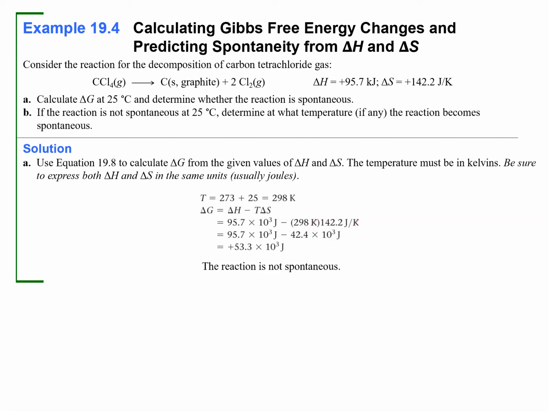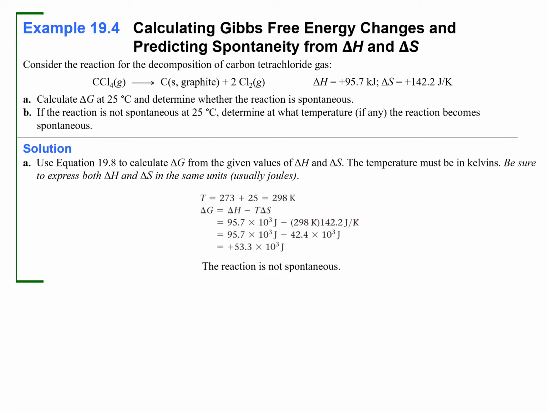So in this case, we're going to have a plus 95.7 times 10 to the third joules minus the product of 298 Kelvin times 142.2 joules per Kelvin. Kelvin units cancel, everything becomes joules, and we end up with 53.3 times 10 to the third joules.